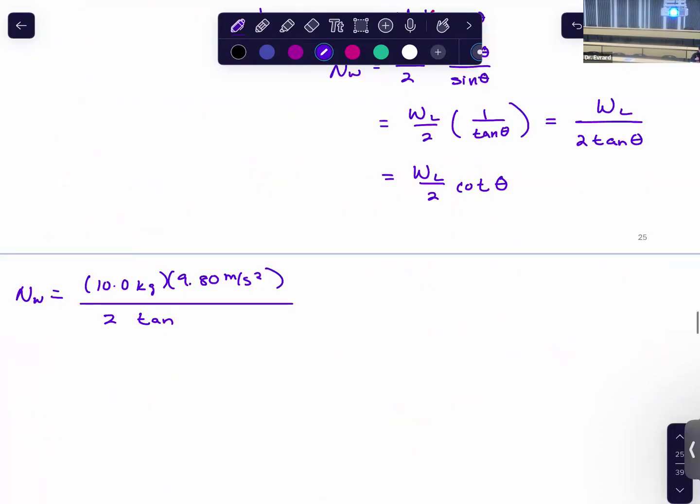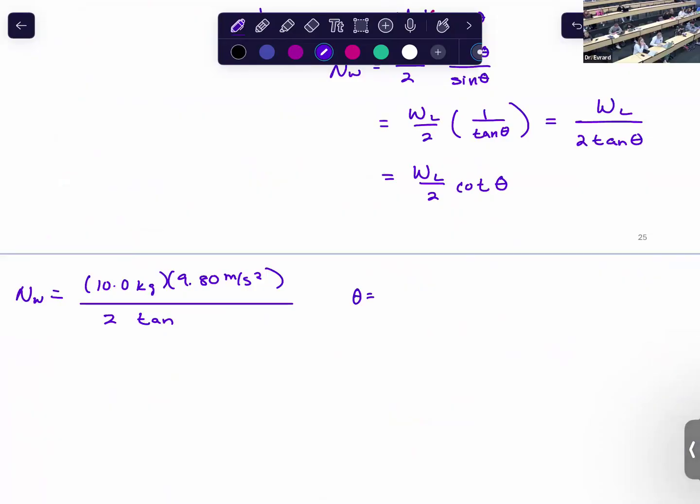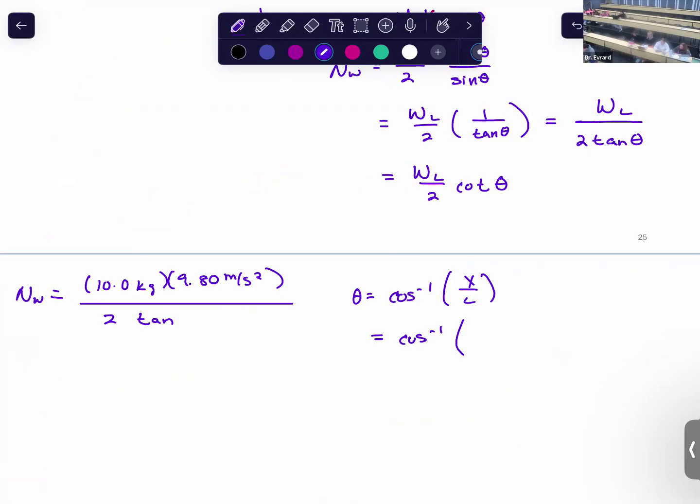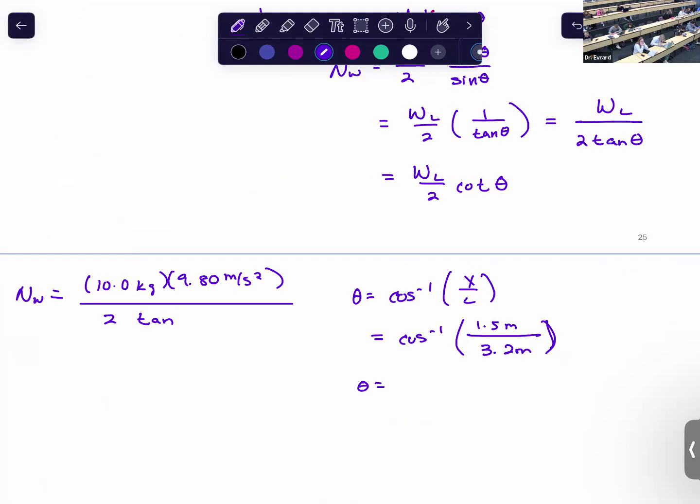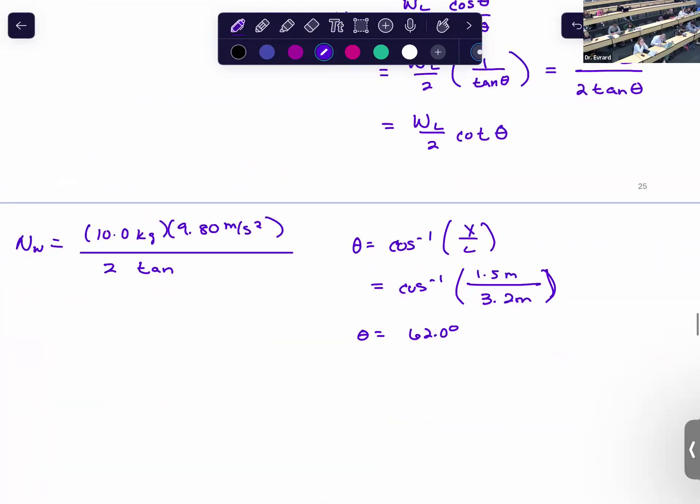So that is 1.5 meters over 3.2 meters. Theta is gonna be 62 degrees, and now we can put that into the problem.